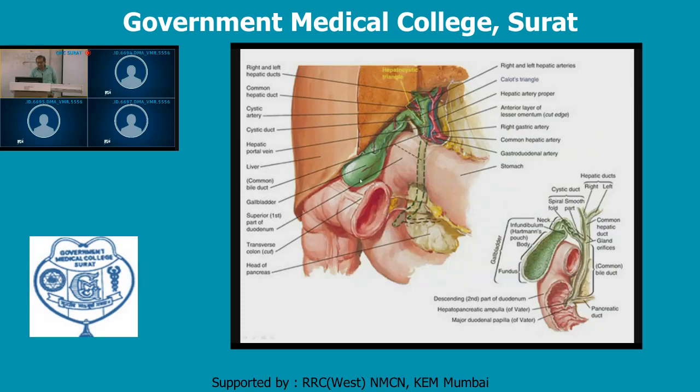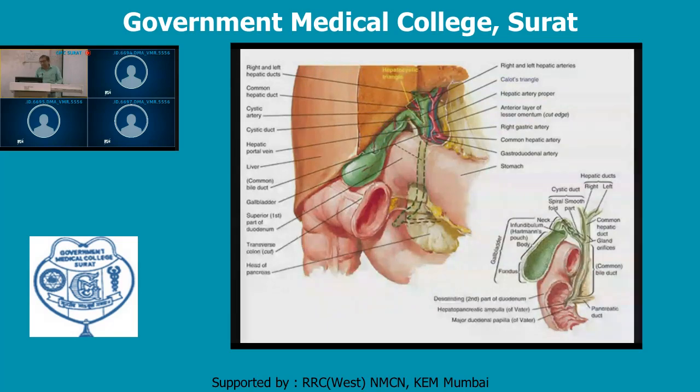Now just above the fundus lies the body of the gallbladder. Here this is the elongated body of the gallbladder. This body is directed upward, backward and towards the left.